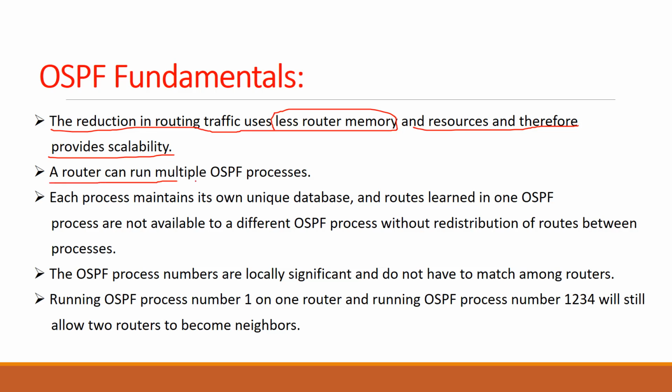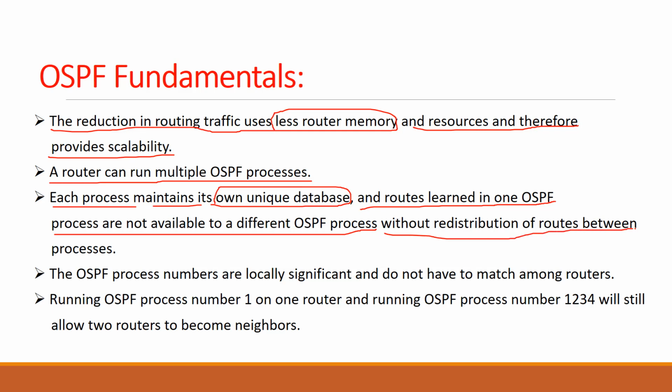Actually, a router can run multiple OSPF processes. Each process maintains its own unique database, and routes learned in one OSPF process are not available to a different OSPF process without redistribution of routes between processes.